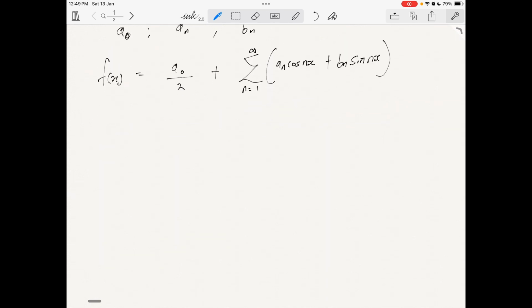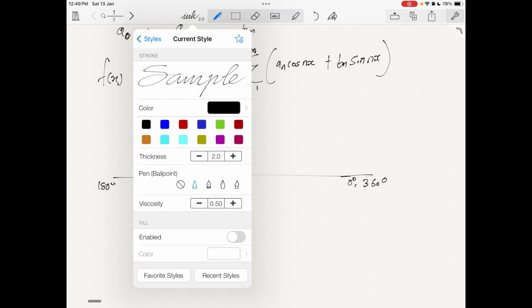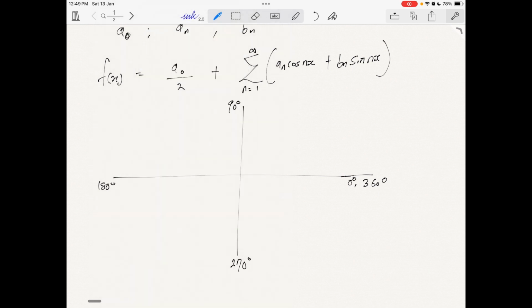Taking a look at the Cartesian plane, which ranges from 0 degrees to 90 degrees to 180 degrees to 270 degrees and back to 360 degrees. 0 degrees is equivalent to 0 in radians, 360 degrees is equivalent to 2 pi, and 180 degrees is equivalent to pi in radians.